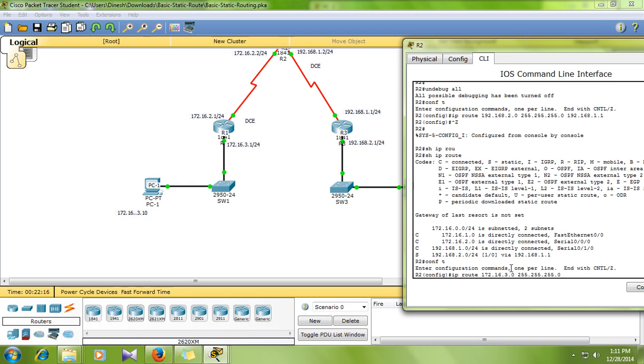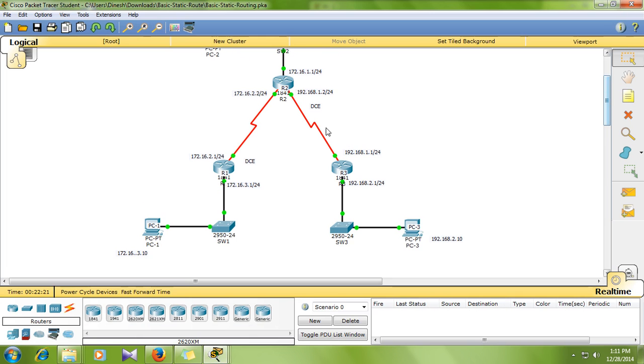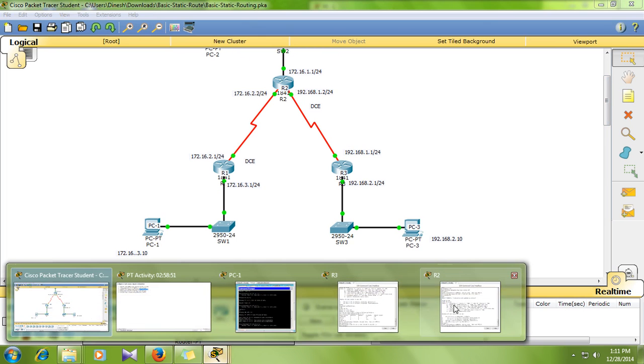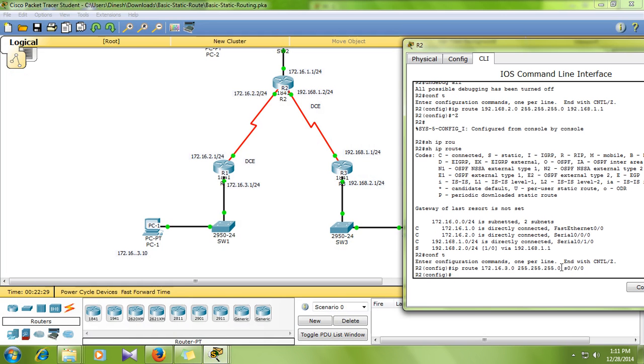What is the exit interface? It is the interface through which you need to exit, serial 0/0/0. For the next hop interface, you need to specify the next router's interface IP address. For the exit interface, you need to provide your own router's exit interface.